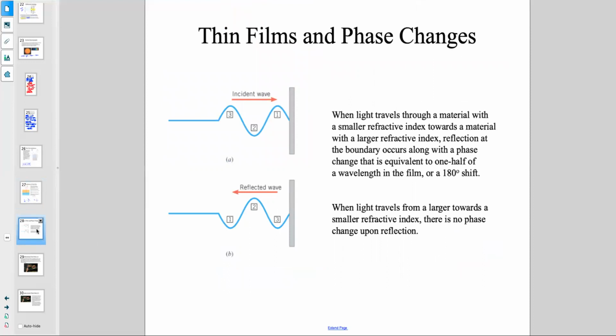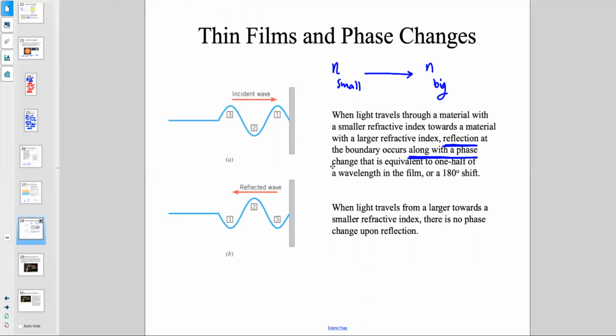We're in the home stretch of our chapter. When light travels from a material with a smaller refractive index towards a material with a large refractive index, so from small n towards big n, the reflection at the boundary occurs along with a phase change.